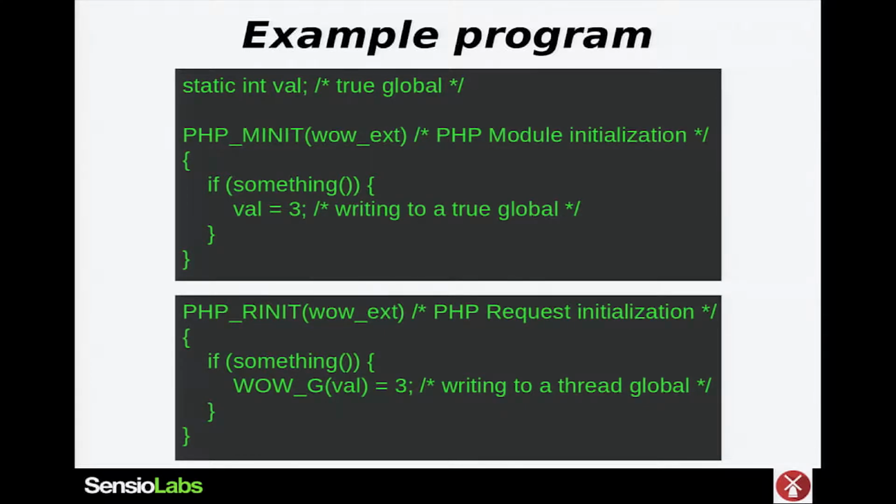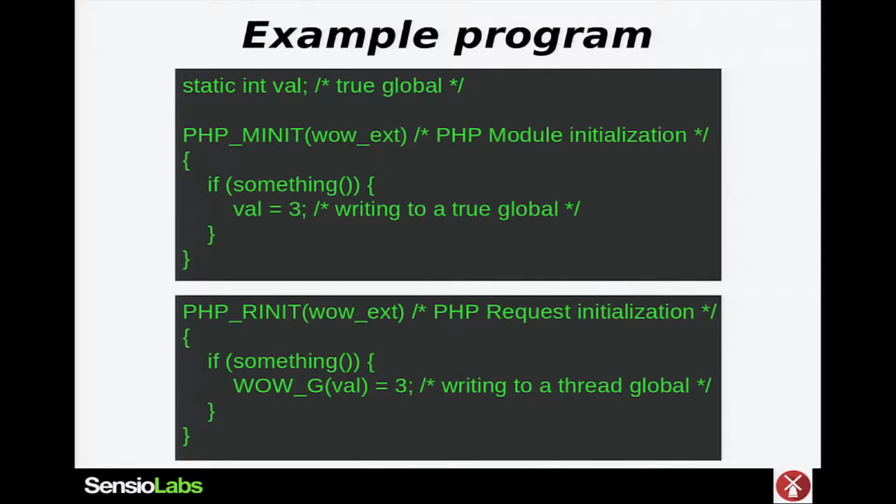And this is perfectly valid here because we are in what we call the MINIT, module initialization step, hook of PHP. That means that no threads have popped yet. PHP just started and is about to run. So here you can access true C global variables with no problem.